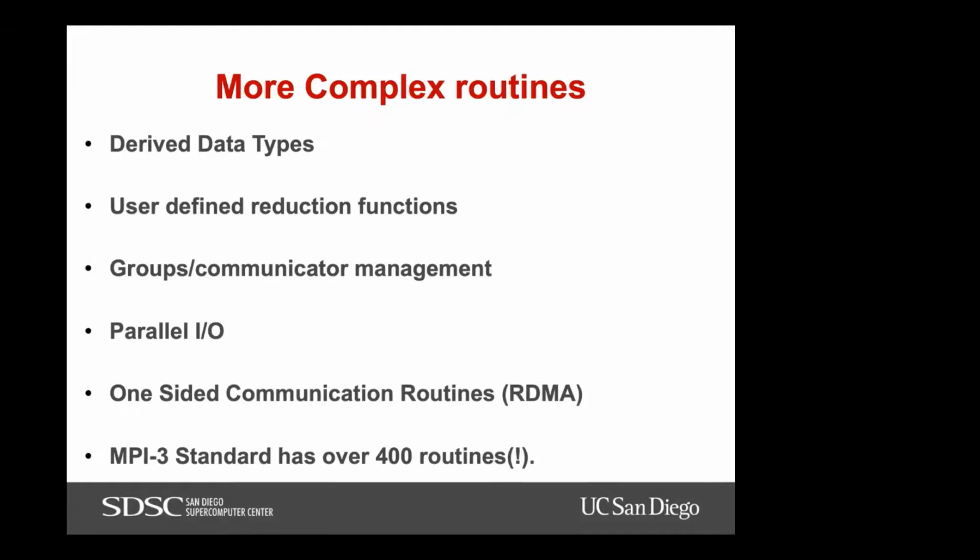In fact, Mellanox now has a lot of compute in the network. Some of these reduction and sum operations that I was talking about can be done in the network, on the network chip, which means the CPU is not spending time doing those things. So there are all kinds of complex things that you can do. The MPI-3 standard has over 400 routines, so you can imagine.